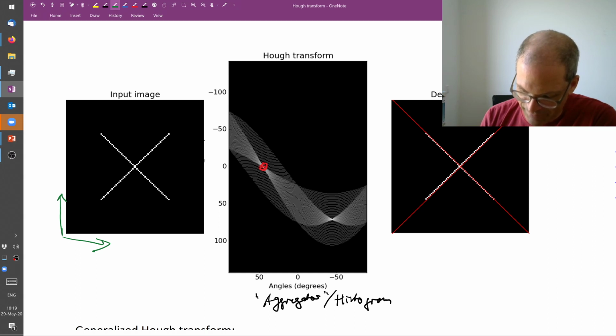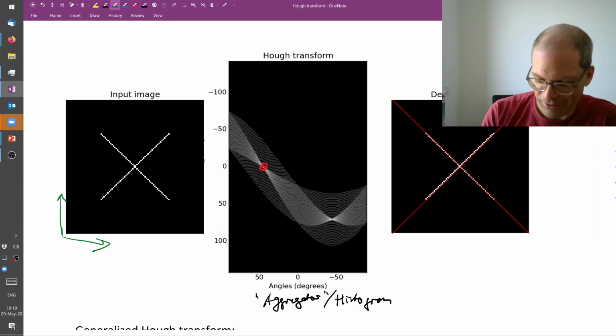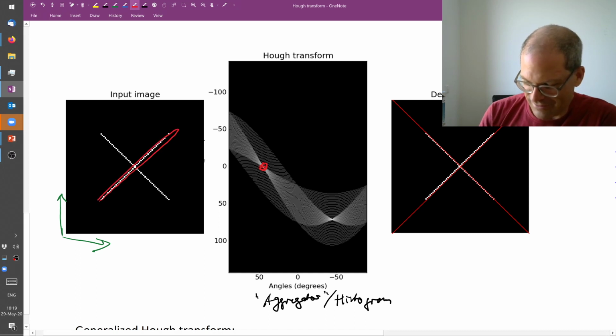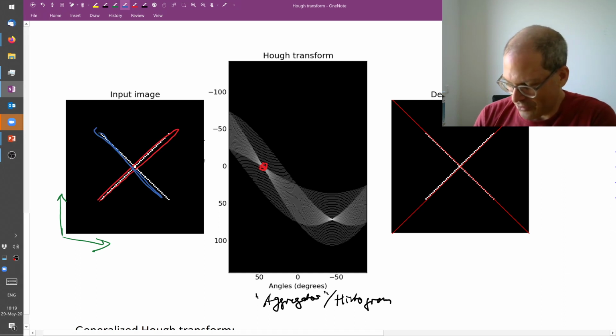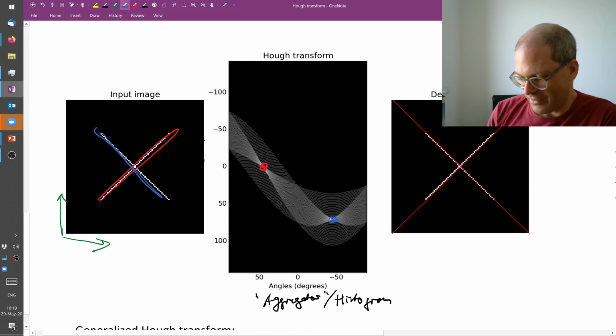And I would claim that the parameterization used here would be again the length of the normal vector, and here I claim it's the angle relative to the horizontal axis. If that is true, then this would be the red one, and these observations would contribute to that maximum over there.